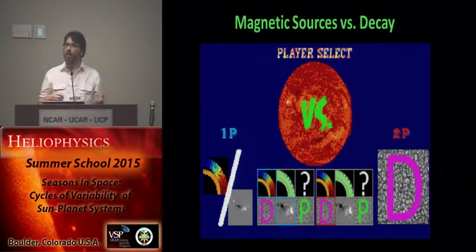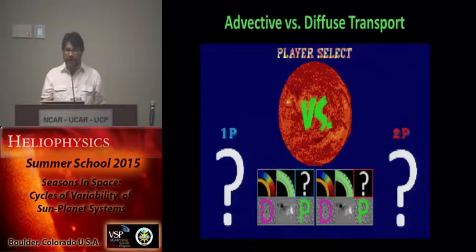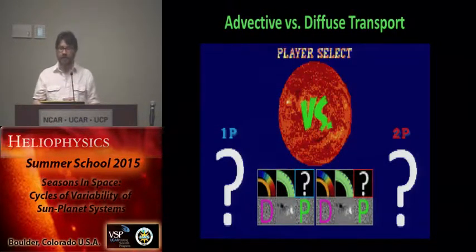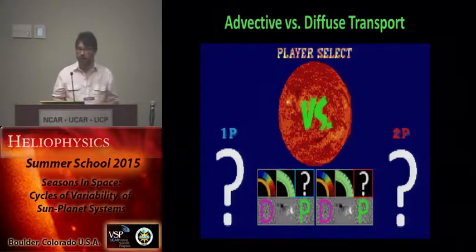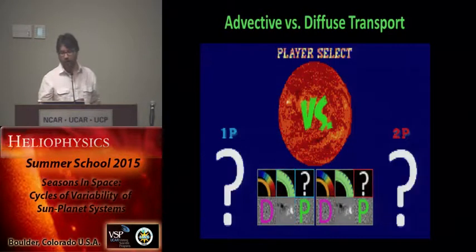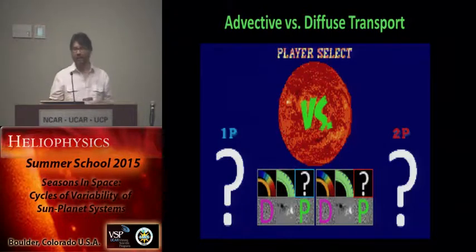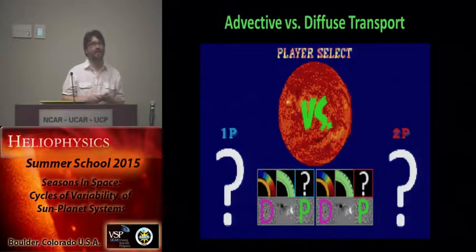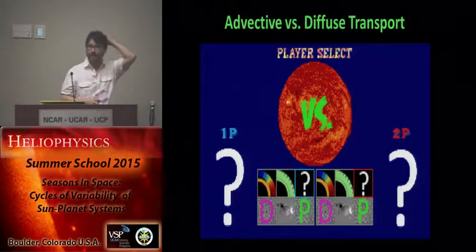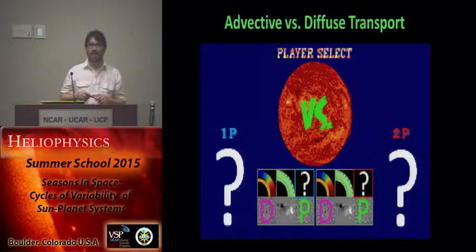The other kind of fight that you have when you try to understand how the dynamo works is advective versus diffusive transport. So, I gave you the answer: you have diffusion on one side, and on the other side, what ingredients would you put? Something that just moves things around.